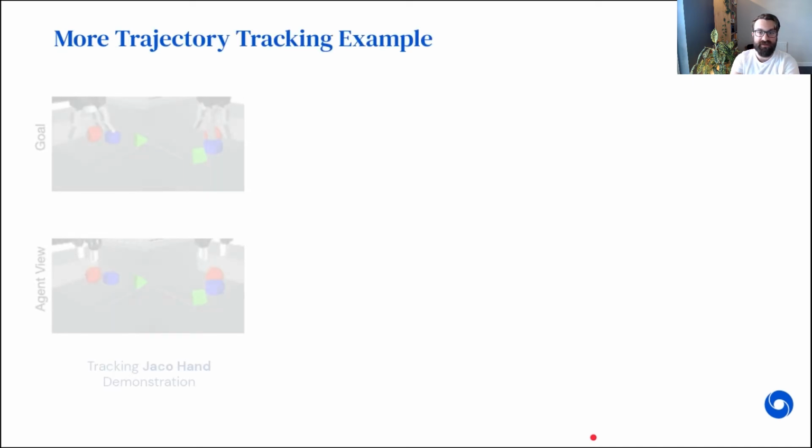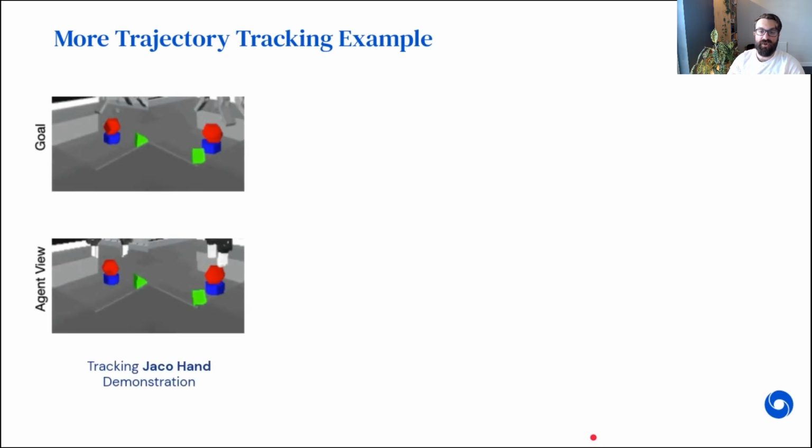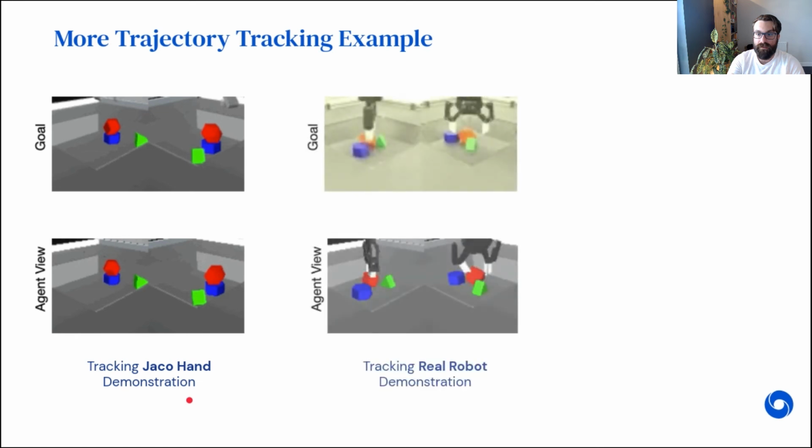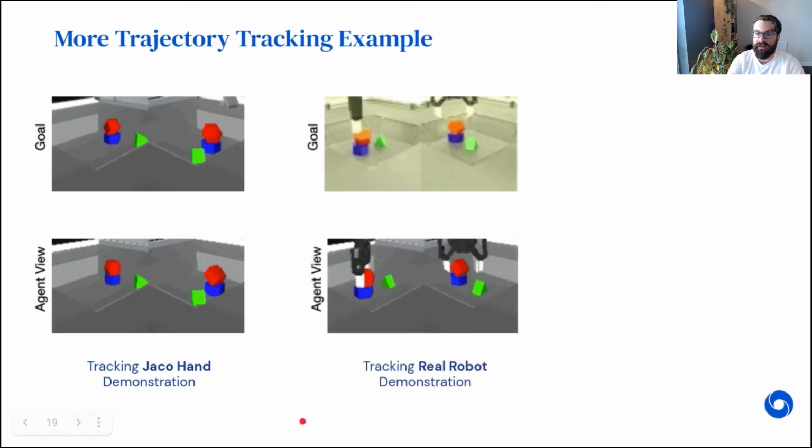And time for some more videos. Here I am showing demonstrations by a Jaco hand at the top, and our imitating agent is tracking that demonstration on the bottom here. Here I'm showing the equivalent real world setup.